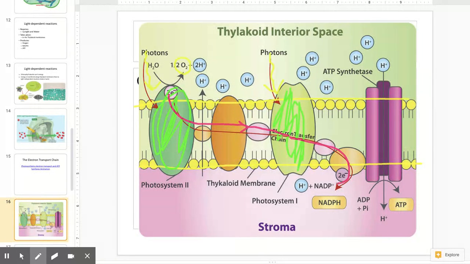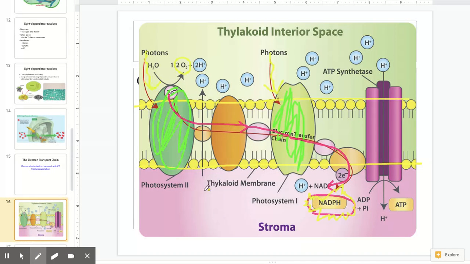And they end up with NADP plus as the final electron acceptor, which takes that electron, adds on a hydrogen, and here we get our NADPH, our energy storing molecule, one of them at least.